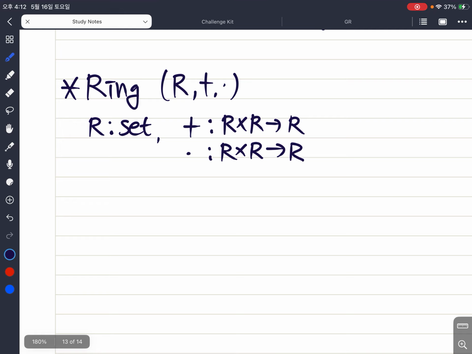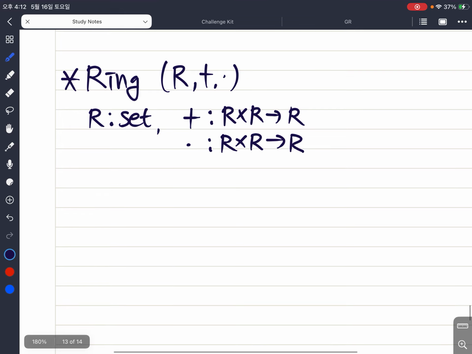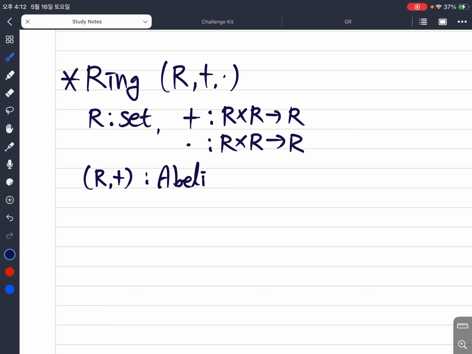Then the difference is that R plus is an abelian group. So it is a group, so it should satisfy 4 axioms, but you have one more additional one: it is abelian. Abelian is simple.